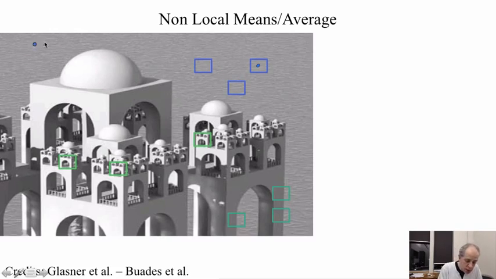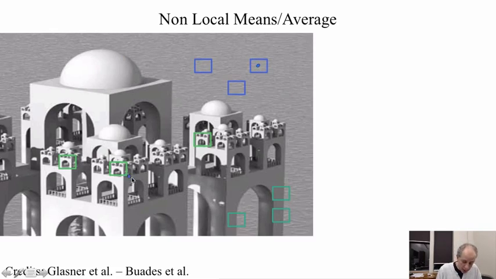That's a very, very simple operation. You go around the image, you look at neighborhoods, let's say 3 by 3 or 5 by 5 or 7 by 7. And you say, okay, who is similar to this? You go around, you find a set of them. You can include all of them. You can include just the most similar ones. Once you find them, you go into the center of every neighborhood, and let's say you average that, and you replace the pixel by the average.